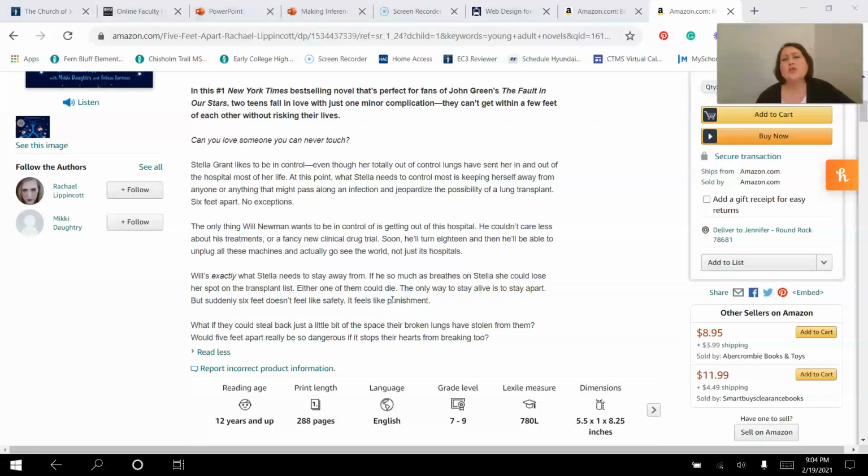So as I go into reading this novel, I can think about what I already know, as far as personalities go, and try to connect that and draw conclusions like, why does Will want to be so reckless? Or why does Stella want to be so controlling?